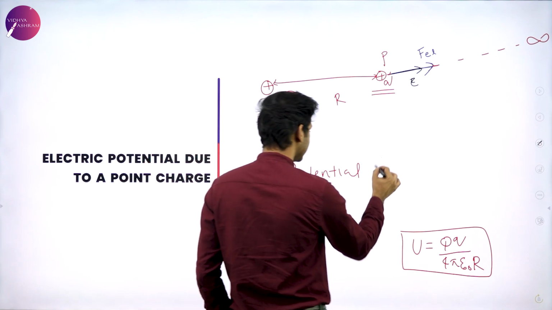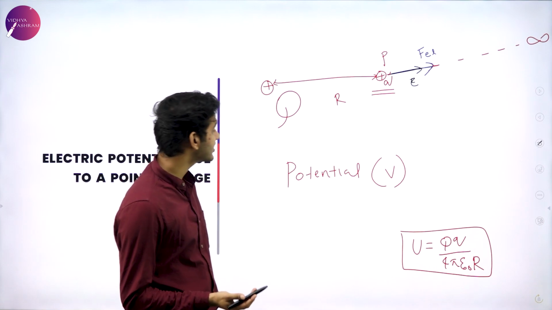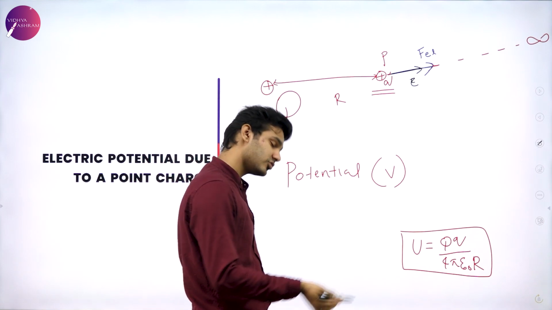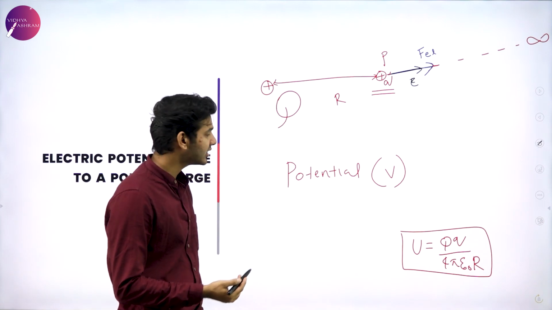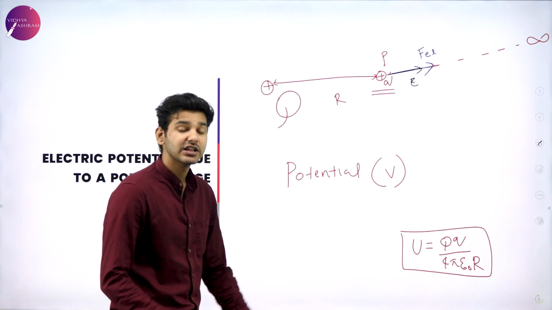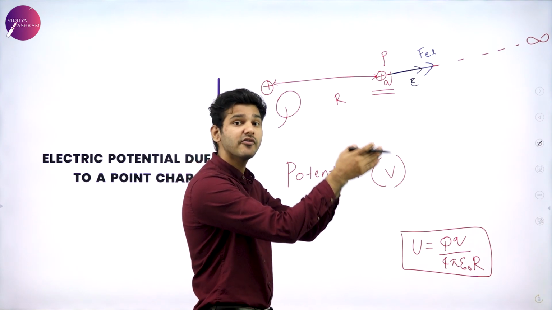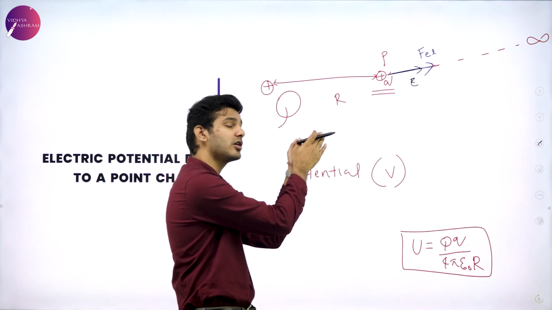Potential is indicated by the letter V. So what exactly is the definition of a potential? Recall the definition I showed you earlier: the potential is nothing but the work done in bringing a unit positive charge from infinity to a particular point.